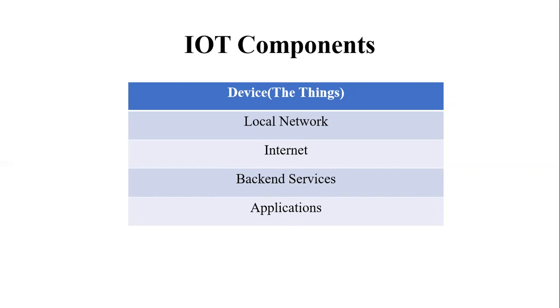Services related to data analysis, or any additional services, come under backend services. Application is which kind of software you require to implement your system. These are the components which act as nodes that you require to make your IoT system.